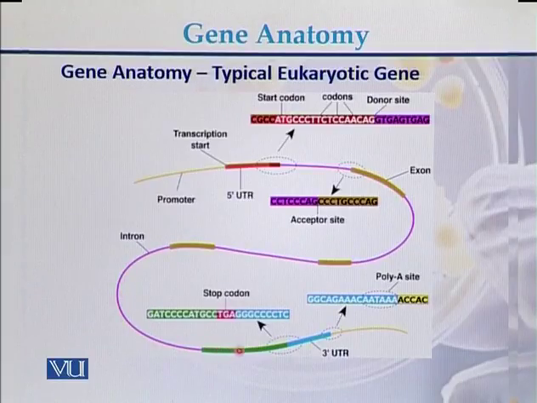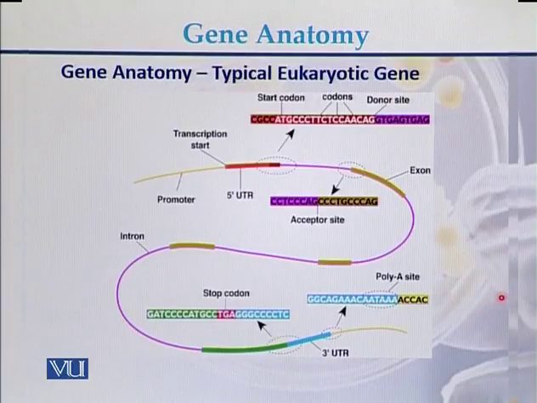And if we come to the end of the gene, we can see here is the stop codon, TGA. Here is the stop codon, and this sequence is called the 3' UTR region, and at the end of the 3' UTR region there is the poly A tail, AATA. So this is the poly A tail.